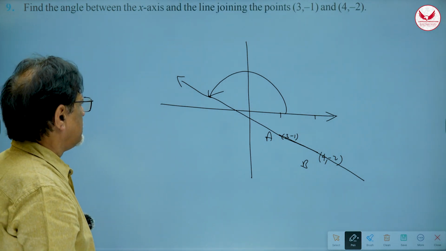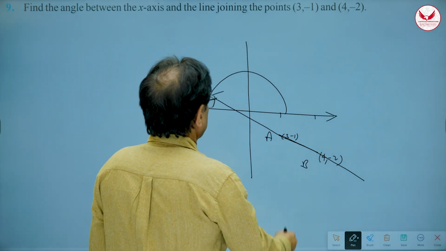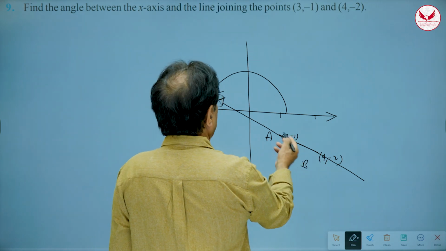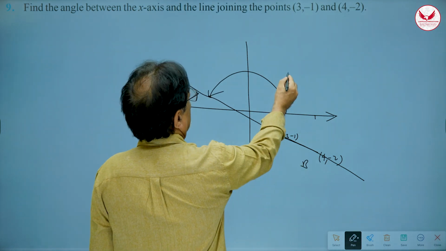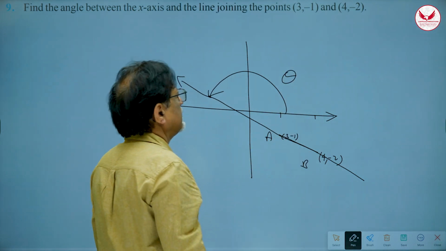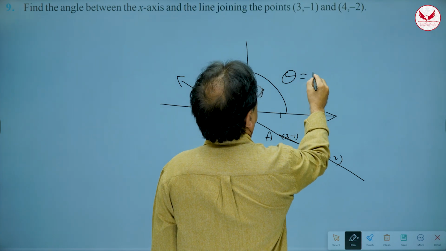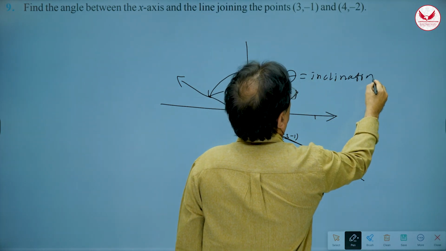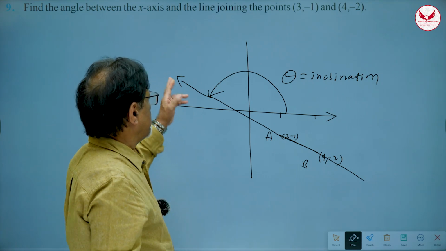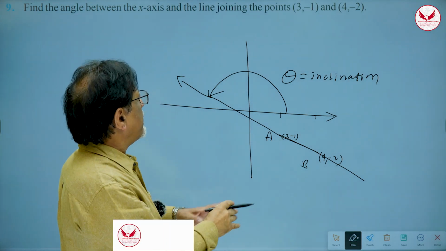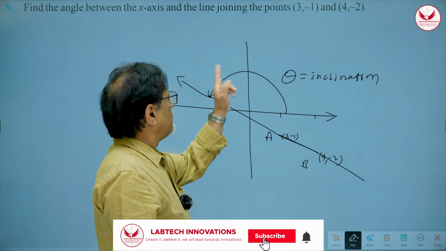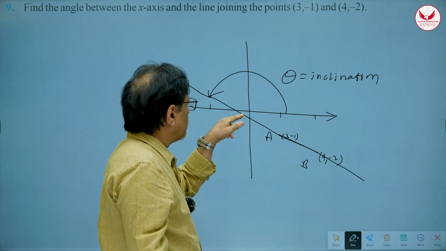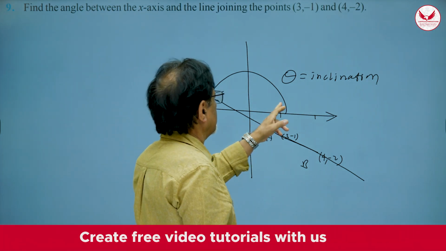Now this angle is always equal to what? Theta. And what is theta? Theta is inclination. Why is it called inclination? Remember, this line and the x-axis form various angles, 1, 2, 3, 4, 5, 6, 7, 8.